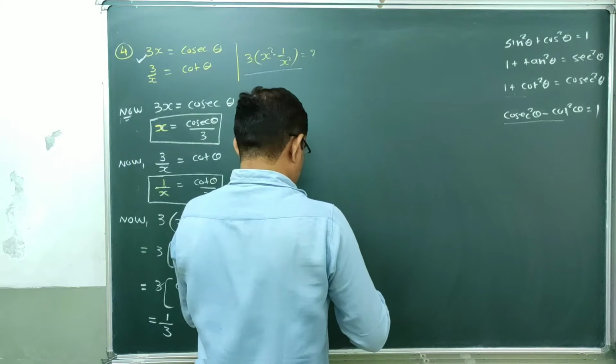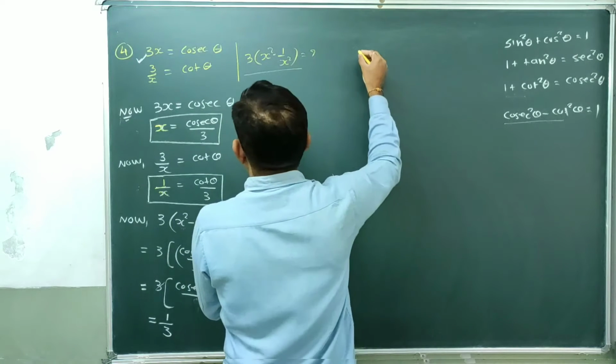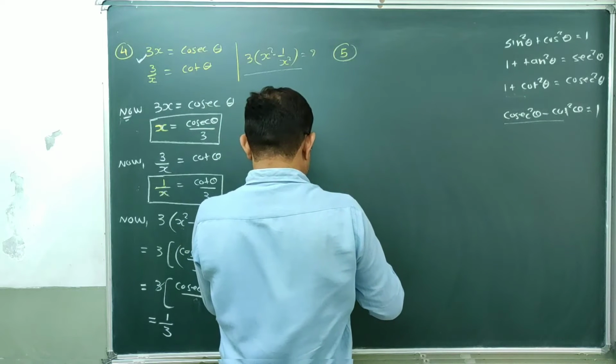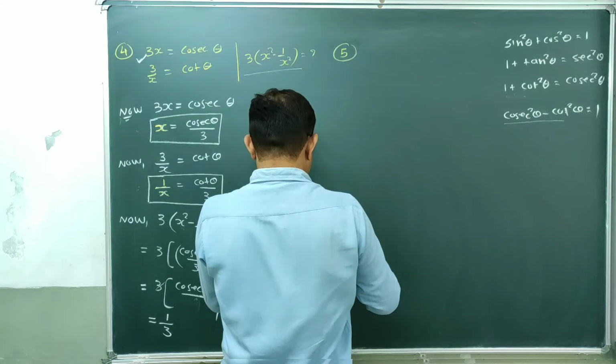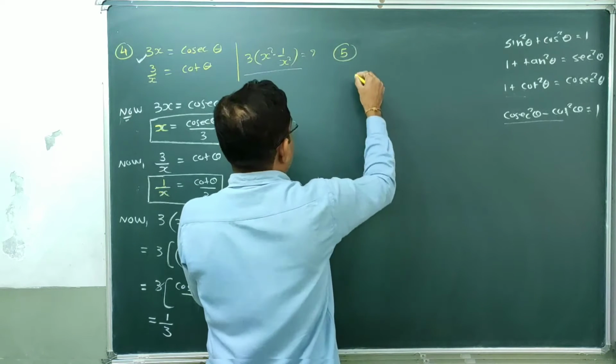So question number 5. Question number 5 says that 2x equal to sec a.